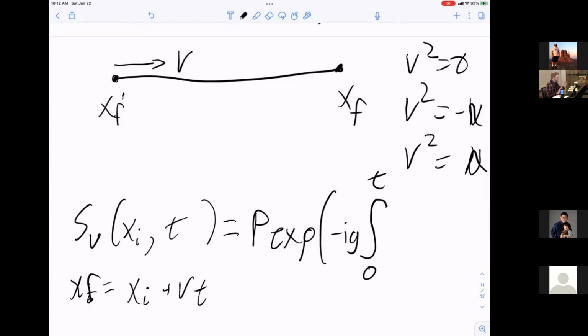So you tell me what x_i and x_f are, and what v is, and that tells me what t needs to be. It's just the amount of time it takes me to move along that vector. So this vector is always spatial? It could be null. Time, this is time in quotation marks. This is a parameterization of my path, right? That's what it really is. It's linear in four-space. Yes.